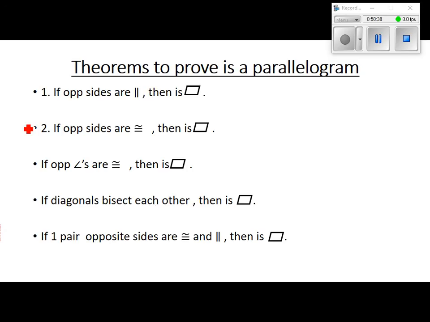If one pair of opposite sides are congruent and parallel, then we know it's a parallelogram. So if they ask you to write a reason, that's what you're going to write. One of those five things. This is the shortest way you could write it. Yes, it's a parallelogram because these opposite sides are parallel, or these opposite sides are congruent.